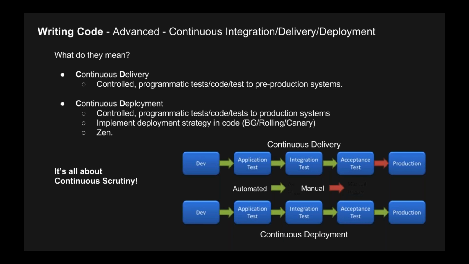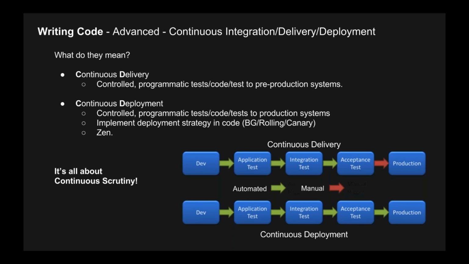So continuous delivery doesn't include that, whereas continuous deployment would include whatever your deployment strategy is. So if you do blue-green, I don't know, I've heard a million of them, new ones every day. Rolling, canary, which is more of a metered kind of test the waters before you push everything in full production. You can do that kind of thing.